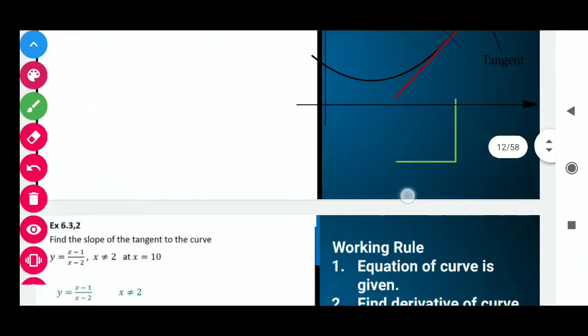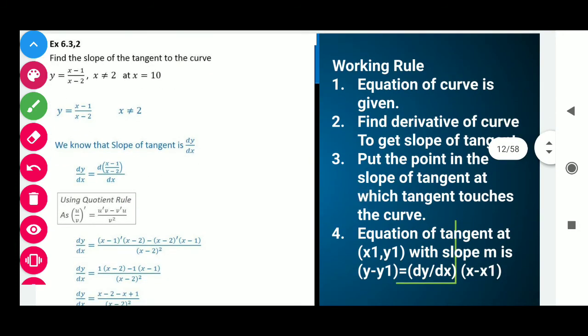Now students, here we have question number 2, and by using the working rule that I have already explained to you, find the slope of the tangent to the curve. This is a similar question, and here the curve is y is equal to x minus 1 over x minus 2. Here x is not equal to 2, but we have to find the slope of the tangent at x is equal to 2. Students, x not equal to 2 is given, and what does this mean? If we put x is equal to 2 in this curve, then we get infinity.